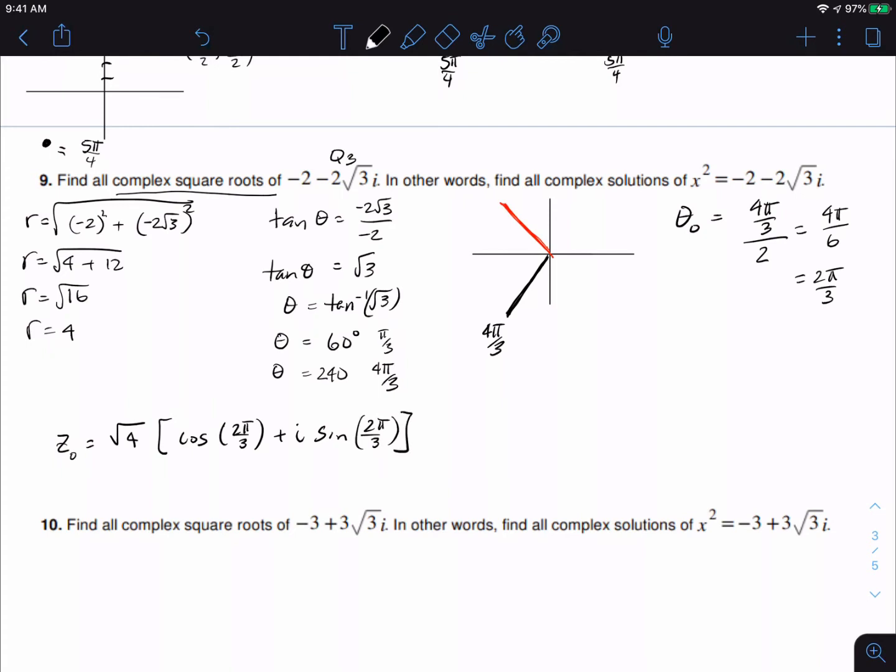And one of the things that's cool, the way I did it, so if you guys remember, this was the pi over 3 reference. If I know what pi over 3 is, isn't that 1/2, radical 3 over 2? Right? So if I know the reference angle, I'm going to be able to do a bunch of stuff right now. You'll see.